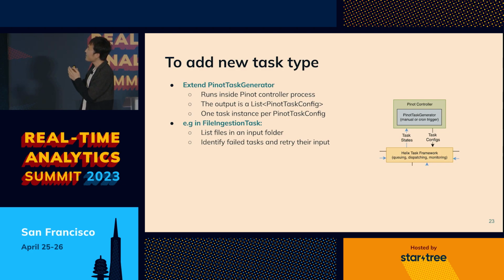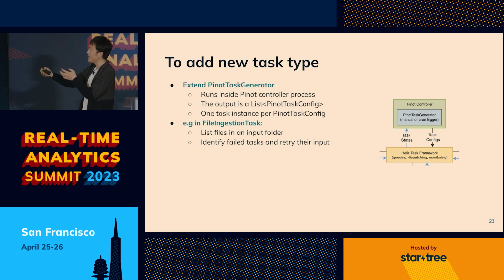One Pinot task config will be used to initialize one task executor, which I'll show in the next slide. But here, in the generator, you think about how to break down the major task into smaller pieces. For example, in the file ingestion task, the generator lists the files in the input folder, asks Helix about any task that failed in the previous batch, and also checks checkpoints to see if any files are already ingested.